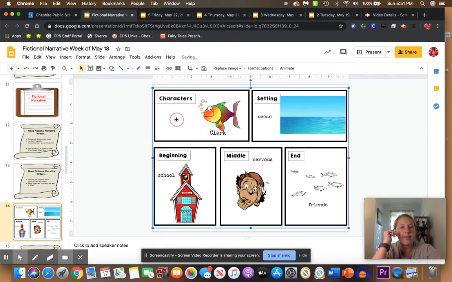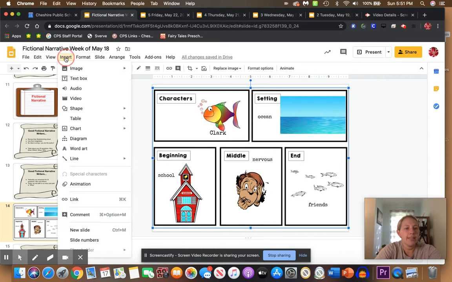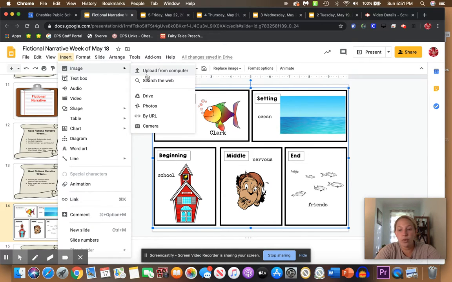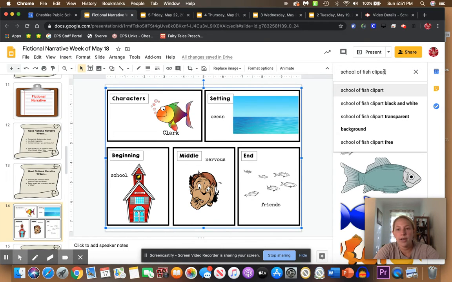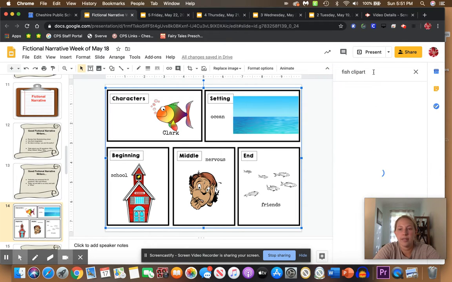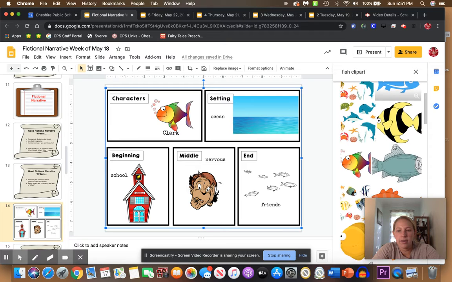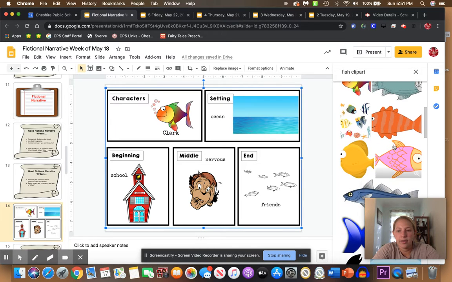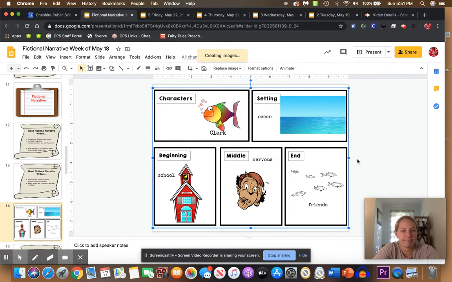But you know what? I think I need another character. I think I need to add mom, because who usually does a lot of reminding? I know my mom does. So I'm going to search for, there we go. I'm going to do another fish, and we're going to make her mom.